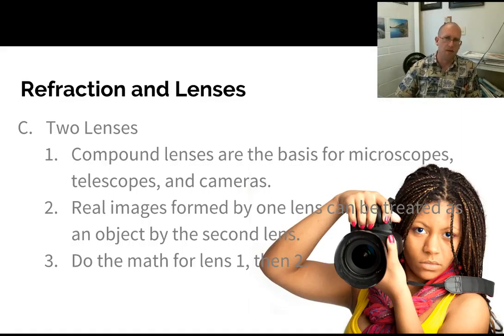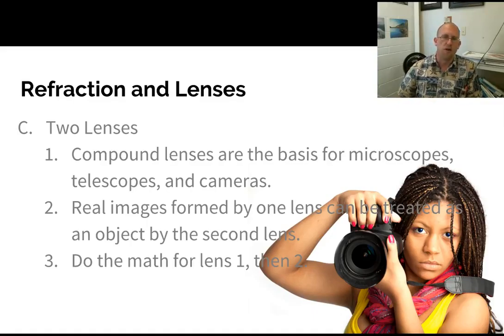We'll do some of that with the lab as well. And there's good reasons for that, because you can use one lens to create a particular type of image and then use a second lens to do something else with that image. So two lenses focusing an image can create great amounts of magnification, and that is useful for all of those devices that we just mentioned there.